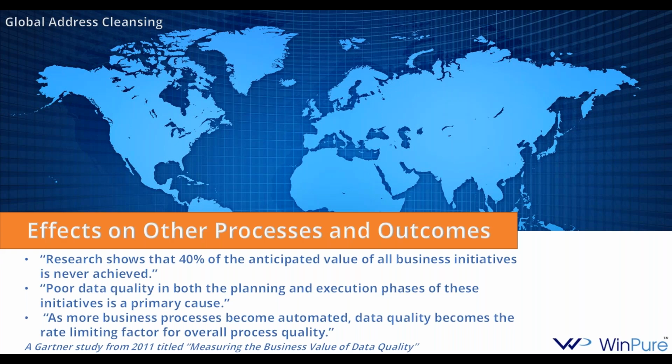Looking here at a Gartner study from 2011, I'm not going to read through this word by word, but essentially they're saying that data quality is having a huge impact on the anticipated value of all business initiatives. They say data quality is the root cause, and as more businesses become automated, data quality becomes the rate limiting factor for overall process quality.